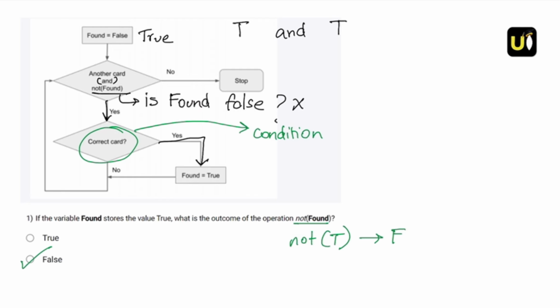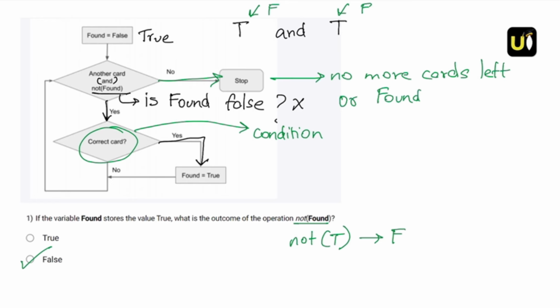So it goes to the no branch if either of these two becomes false. Even if one of these is false, it's going to stop. So it stops only when there's no more card left or found becomes true. If found is true, this condition doesn't meet and it's gonna stop.